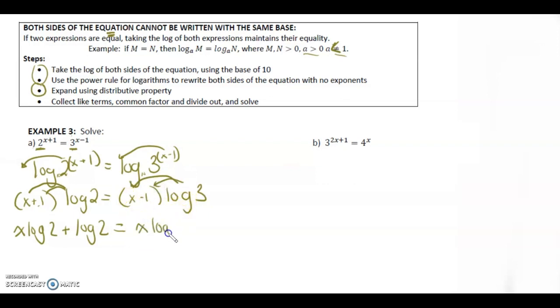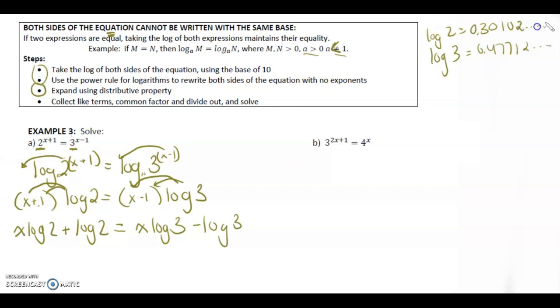We get x log 3 minus log 3. And remember, log 3, just on the side of the paper, is just a number. It's approximately 0.47712 and so on. Log 2 is also a number, right? So we're just expanding this number. It's like 0.30102 and so on.